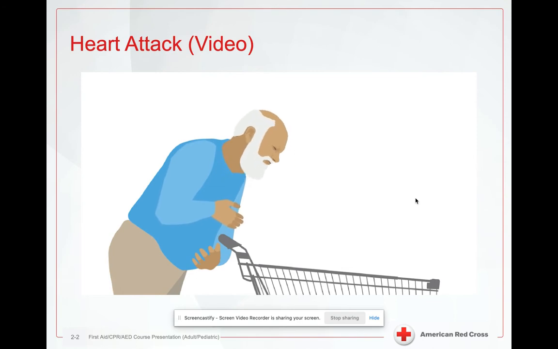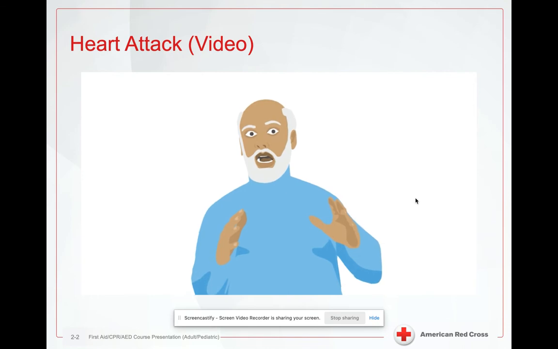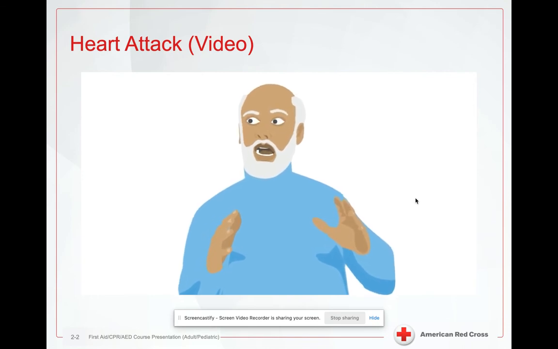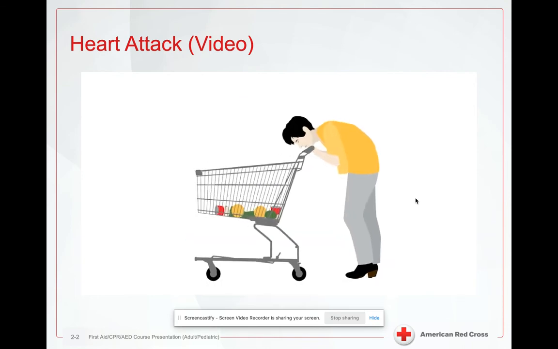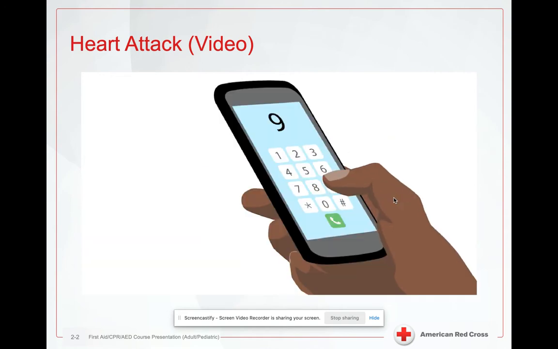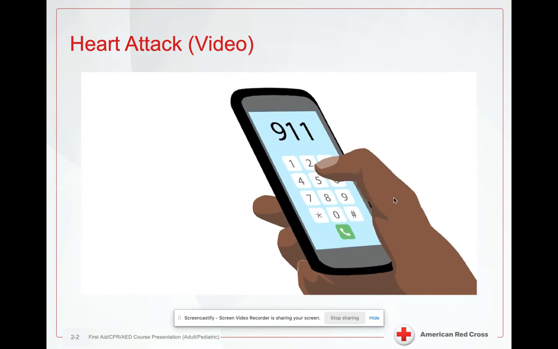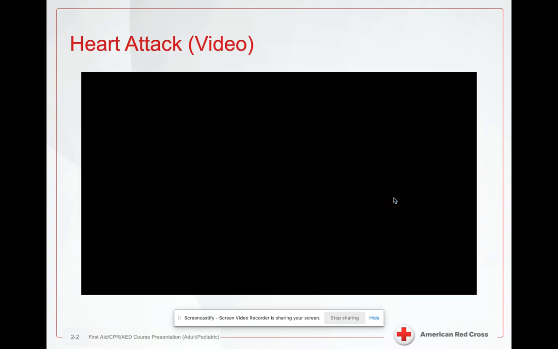Many people who have had a heart attack say that they felt anxious, like something really bad was happening. Others describe feeling unusually tired for a period of time leading up to the heart attack. Trust your instincts and seek advanced medical care immediately when you recognize the signs and symptoms of a heart attack.